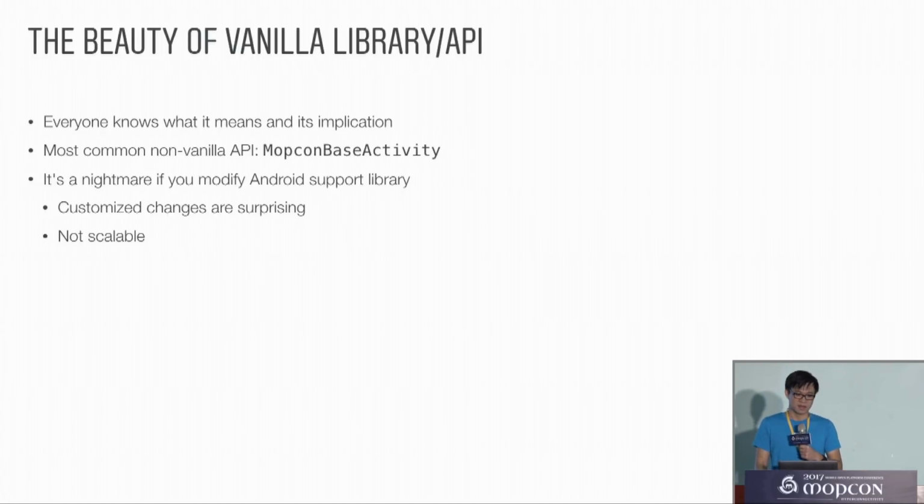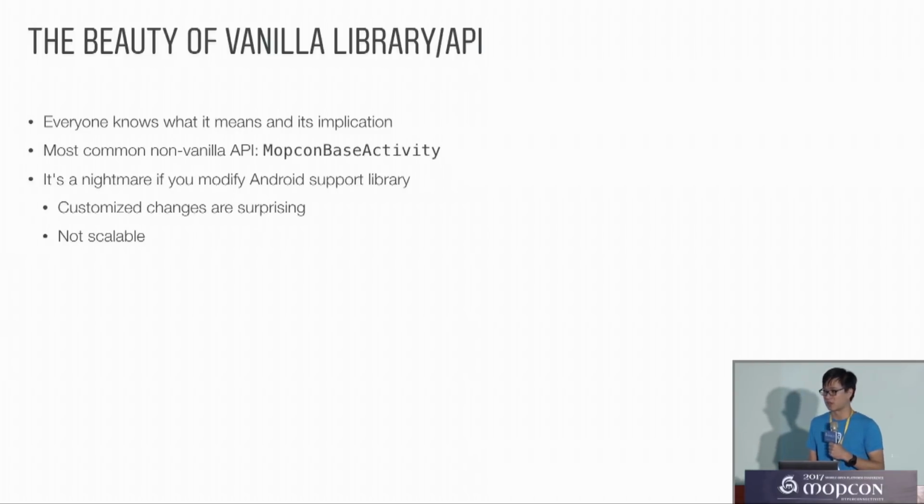If you build a MOPCON-based activity for all the activities you use in the MOPCON, then you start to have this customized activity in your code, and a new person who comes into the team doesn't know what this activity is doing, and it can even change the behavior of what you think of an activity.